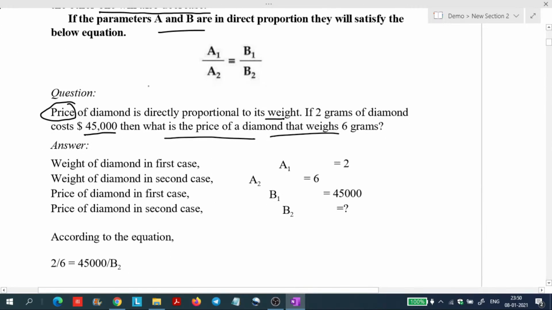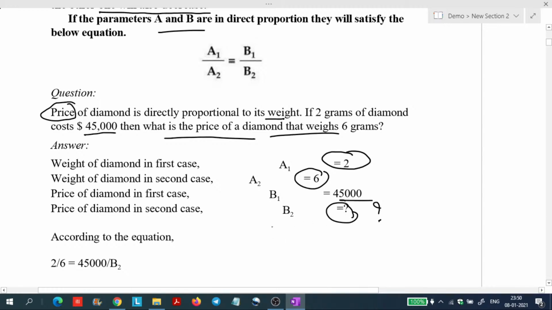Here the weight of the diamond in the first case is 2 grams, and in the second case it is 6 grams. The price in the first case is 45,000, and B2 is required.